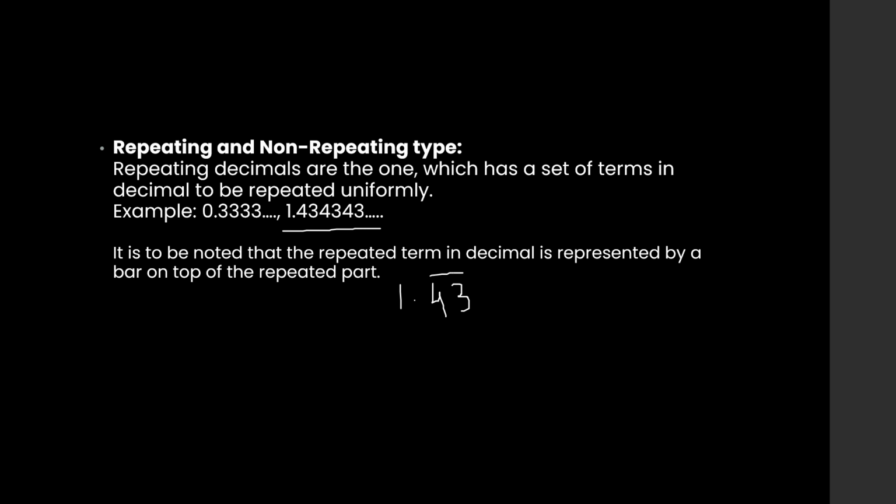This indicates that 43 is repeating throughout. Similarly, 0.3333 I can write as 0.3 bar, and if one digit is repeating, we even write it as 0.3 with a dot. So this is how we indicate that the digits are repeating.